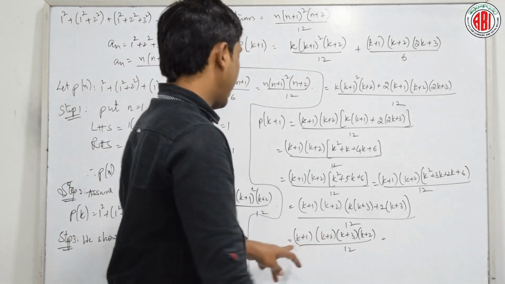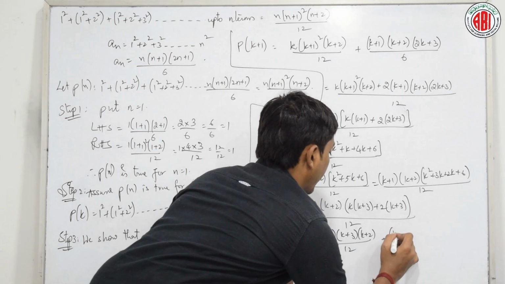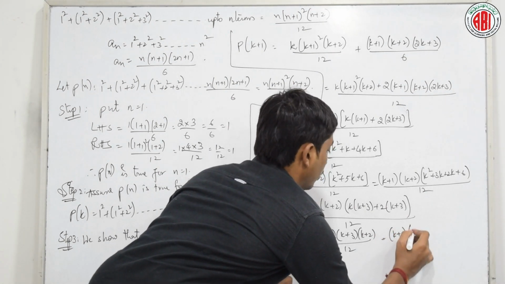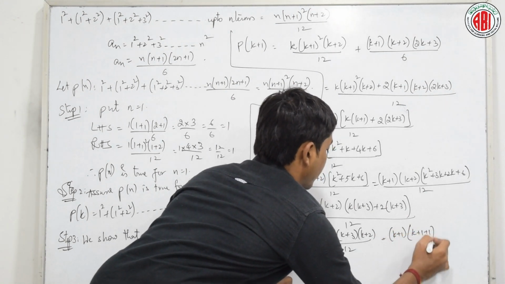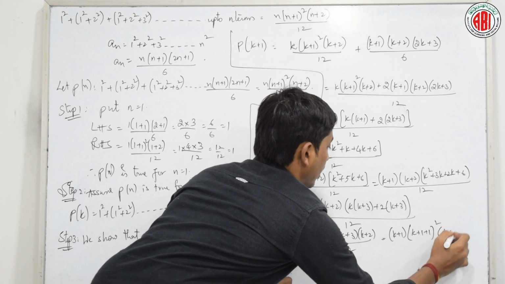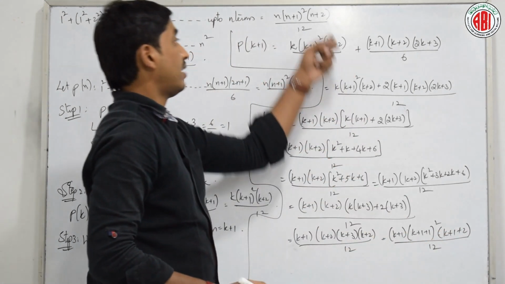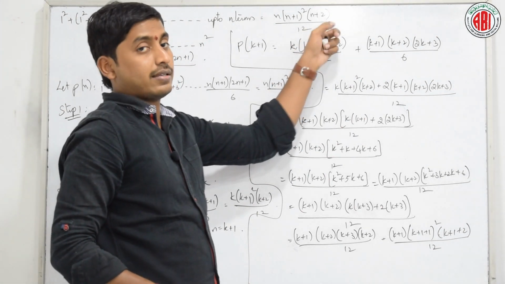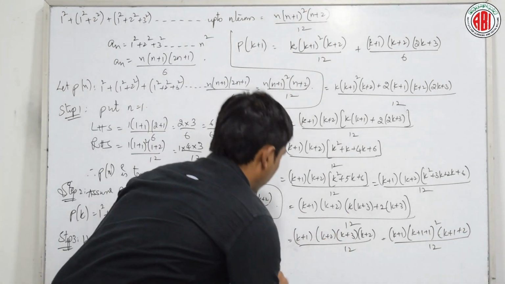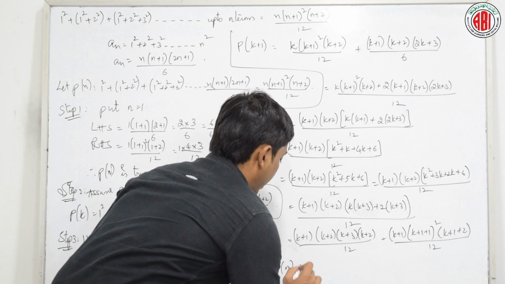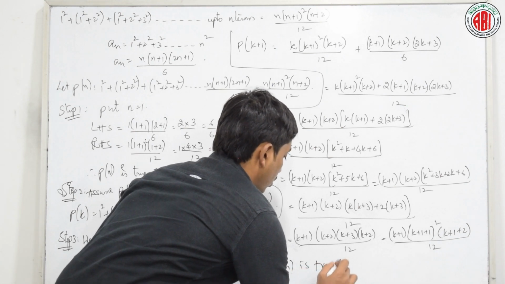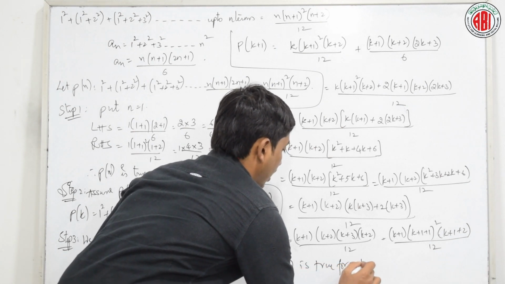Right? Now let us write this as k plus 1 into k plus 1 plus 1 whole square into k plus 1 plus 2 divided by 12. Is it not the same as given question? Yes, right? Fine. Therefore, P of n is true for n is equal to k plus 1.